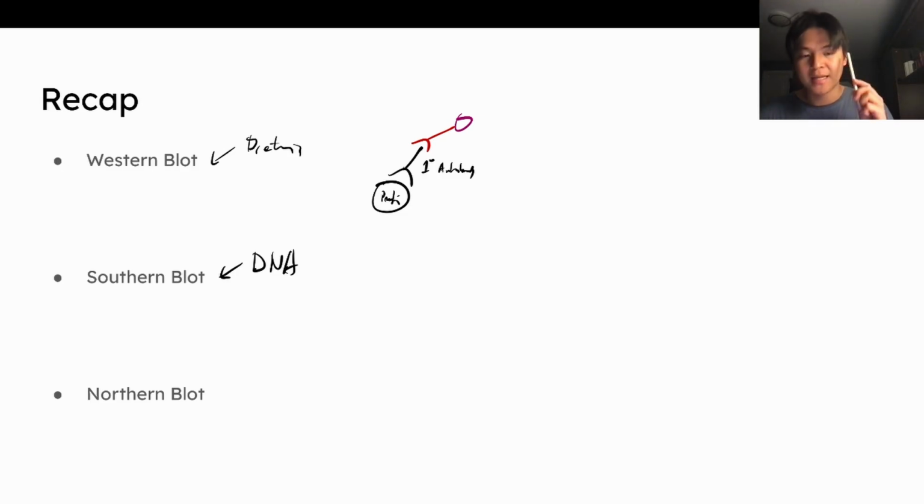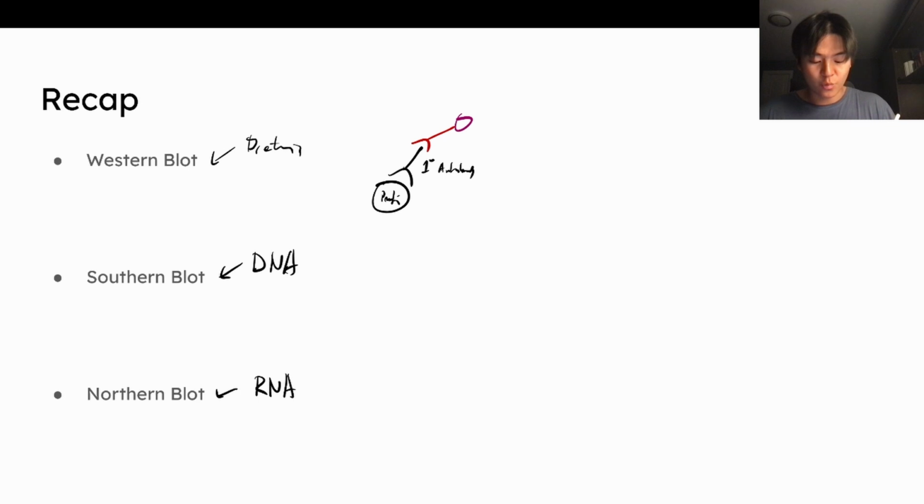With this we can detect either the presence of a gene, right, or how many copies of that gene exist in that organism or in that genome. Likewise, the Northern blot is for RNA and does the exact same thing except for RNA, right? And this is good for detecting gene expression.